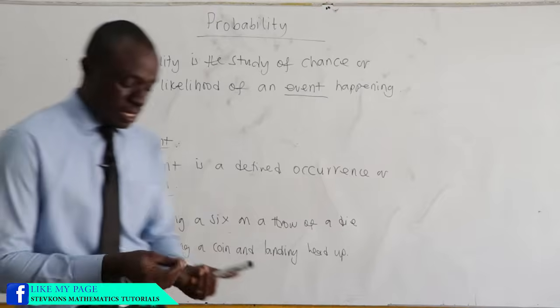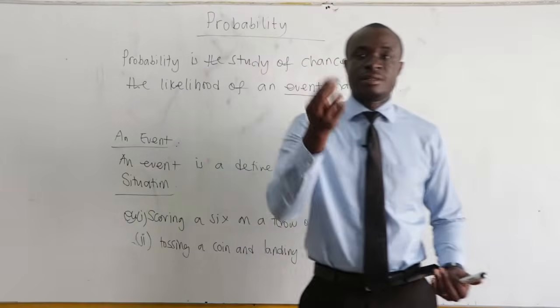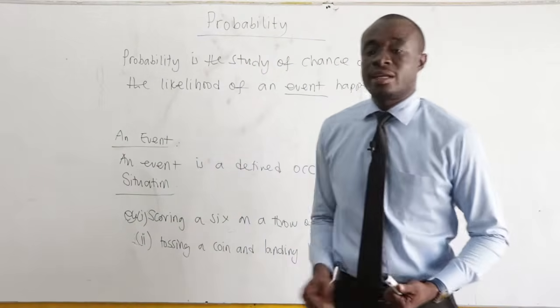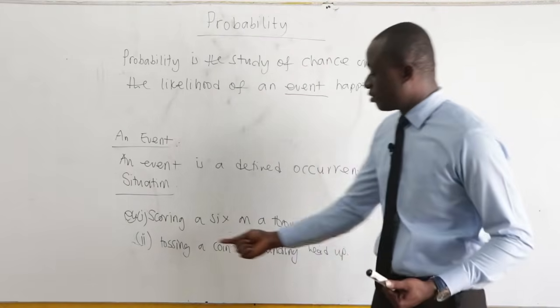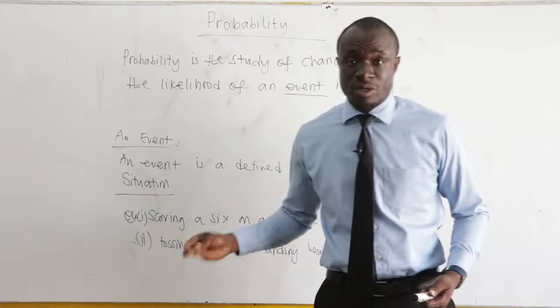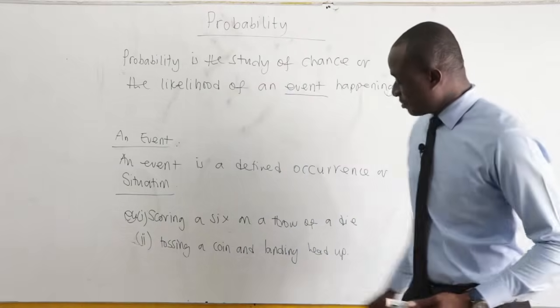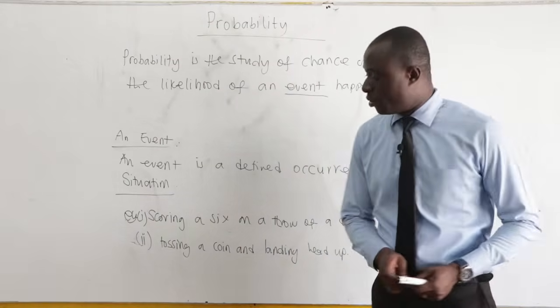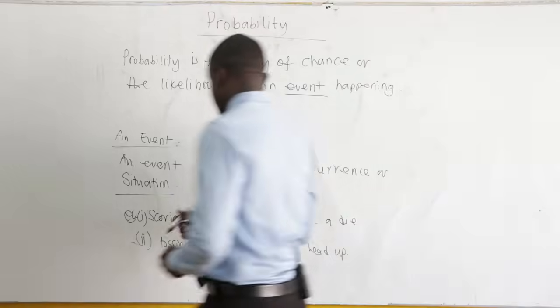Now this is a coin, so this is a tail, and then this is the head as well. So here you are saying that tossing a coin and landing head up. So when you toss the coin, it lands head up, and this is an example of an event.